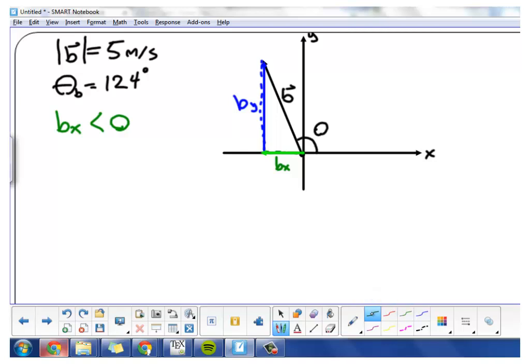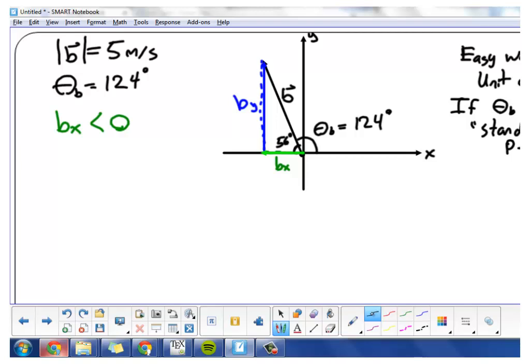So how can we actually find the values of the y component and the x component? Well, there are two options. We can look at the unit circle, or we can do right triangle trig. The handy thing about the unit circle is that as long as the angle is made in standard position, that is, with respect to the x-axis, measuring counterclockwise, then we will always get the answer using the simplest expressions.